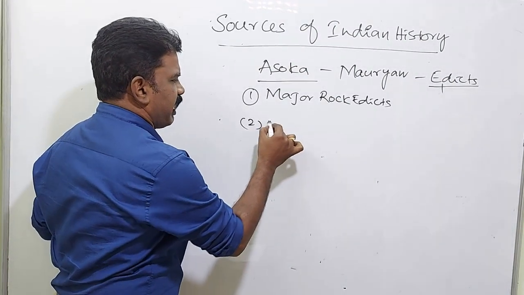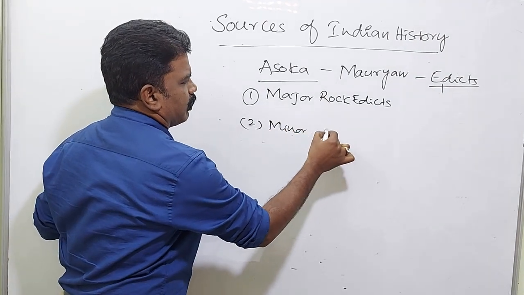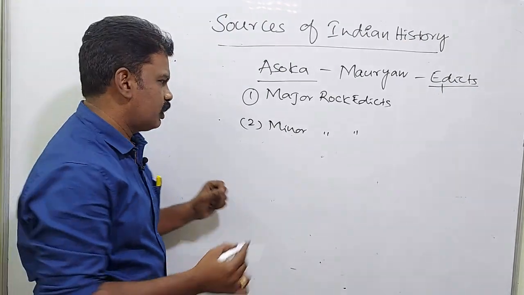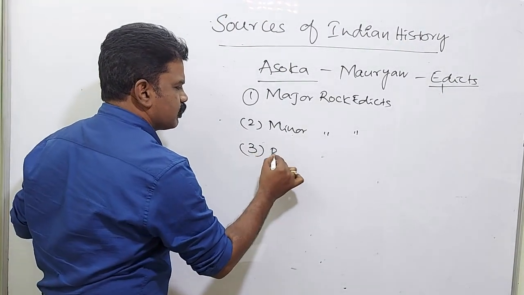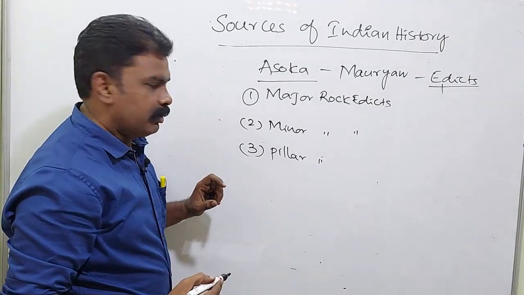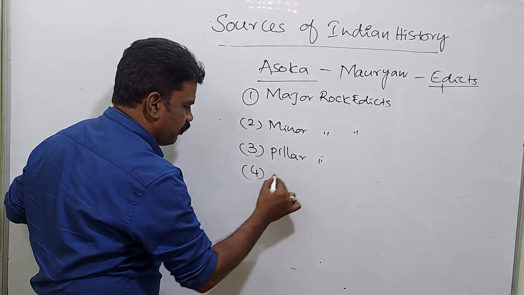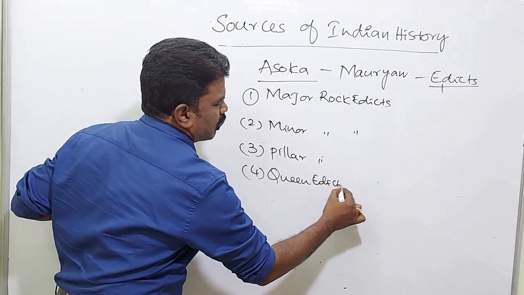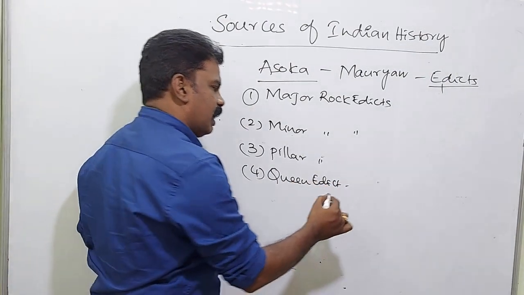The minor rock edicts also speak about the religious conditions and the Dhamma of Ashoka. Next, pillar edicts, which are of different types. Next, the Queen Edict of Ashoka, found at Allahabad.